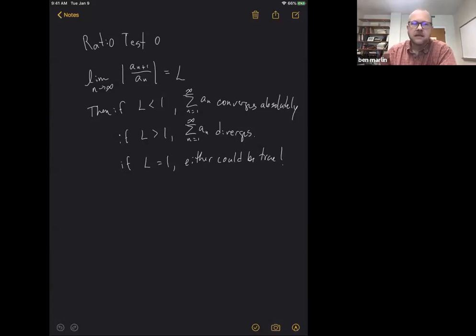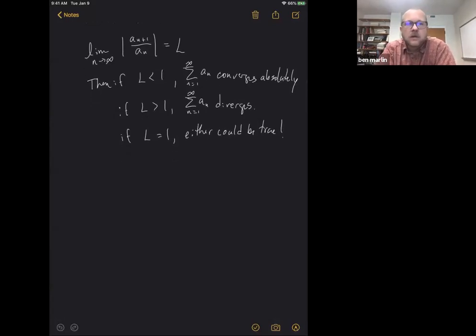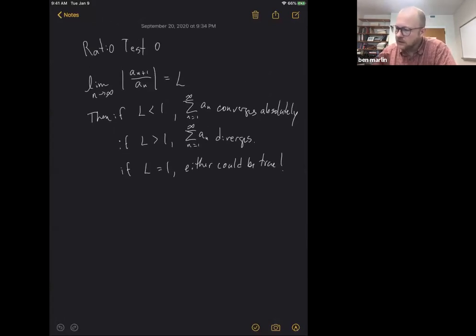So a quick synopsis of what we're going to have in mind there, which is that we're going to have a series, summation n equals 1 to infinity a sub n. The a sub n this time could include a minus 1 to the n. It could include anything, okay?